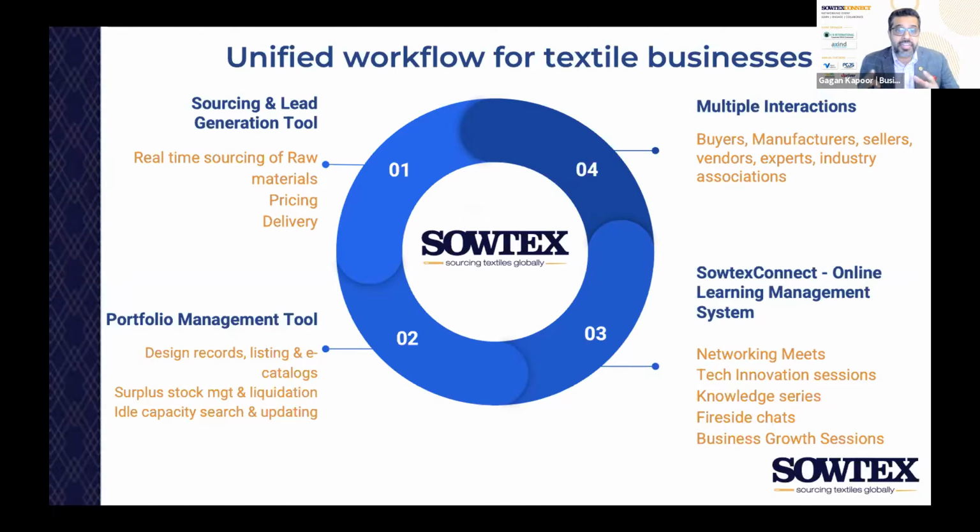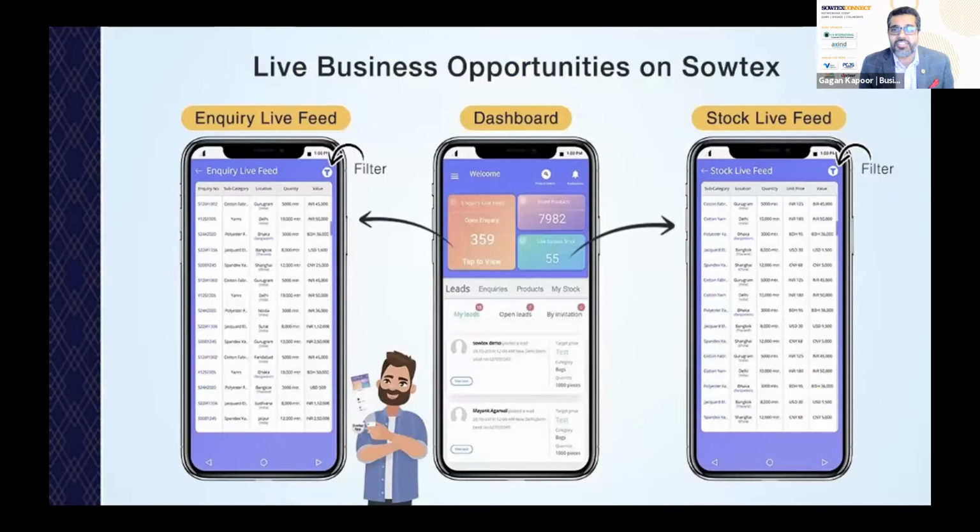Number 3 is our initiative, SowtexConnect, which is an online learning management system, which I'll talk about at more length in a few slides. Then multiple interactions with buyers, manufacturers, sellers, vendors, experts, and industry associations. This is one such dashboard, which gives you live inquiry feeds as well as live stock feeds and much more.